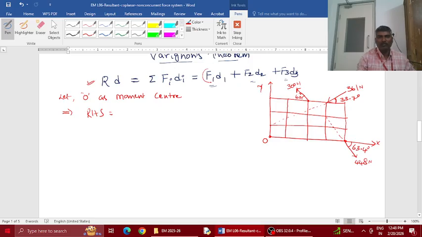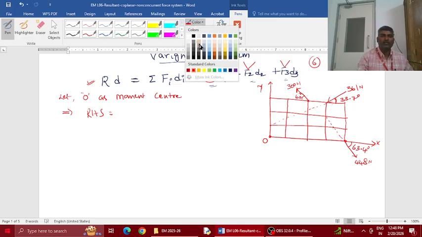F1 is now two forces, X component and Y component. F2 is two forces. F3 is two forces. So there are six forces now. I'll calculate the right hand side moment from these six forces. Let us try to do that.